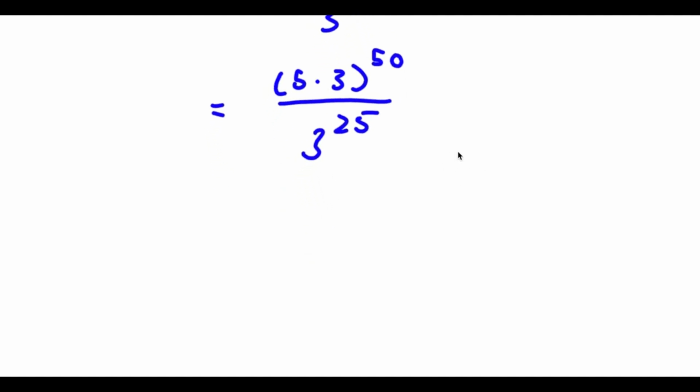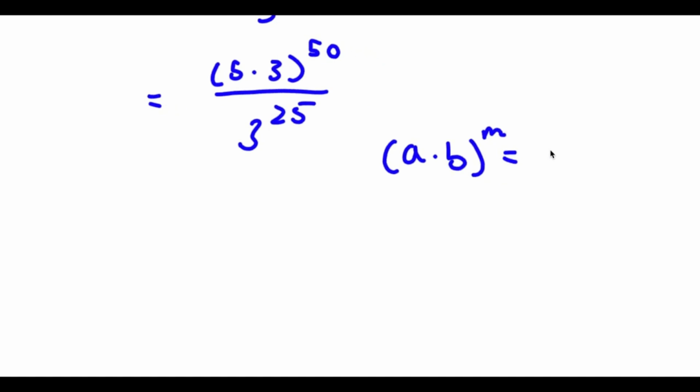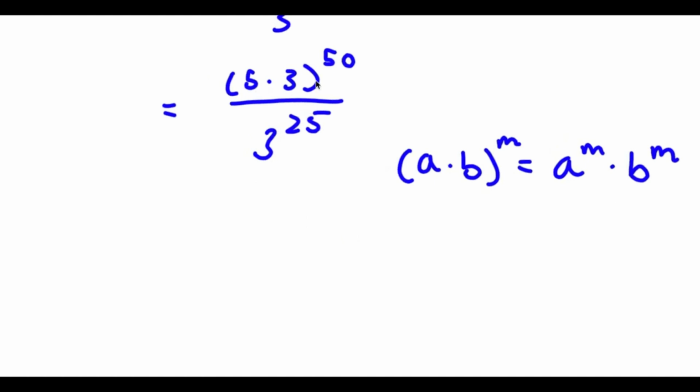Now, if I have something in the form a times b to the power of m, this is the same thing as a to the power of m times b to the power of m. So 5 times 3 to the power of 50, this is equal to 5 to the power of 50 times 3 to the power of 50. Now I have this over 3 to the power of 25.